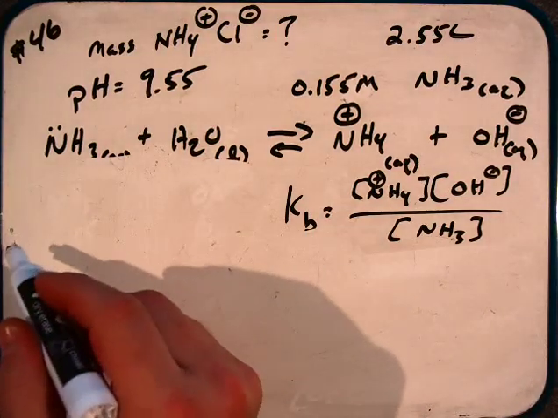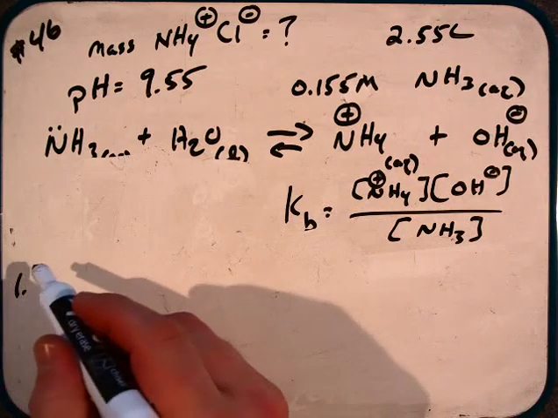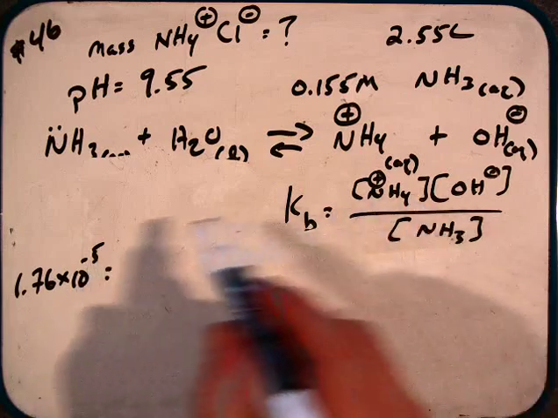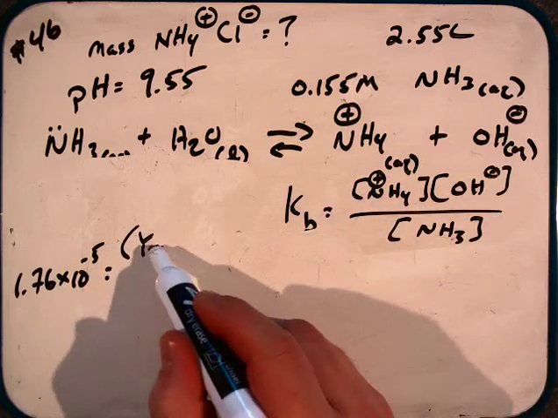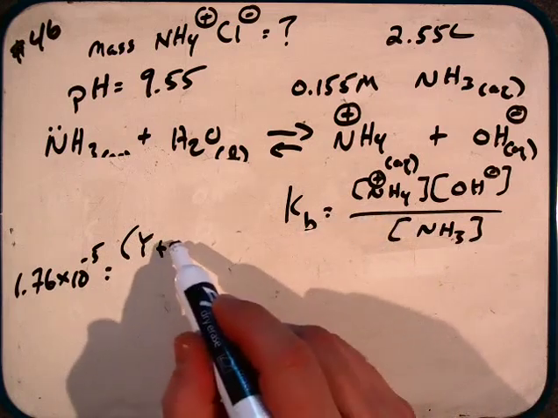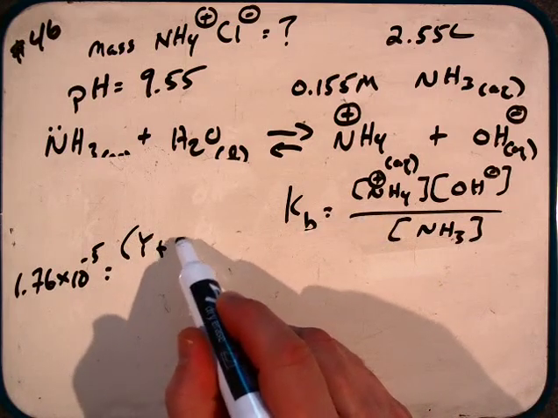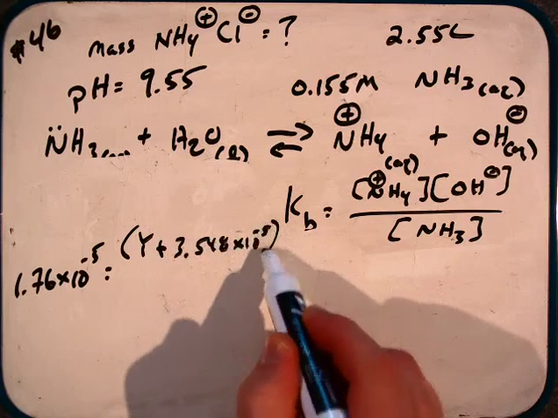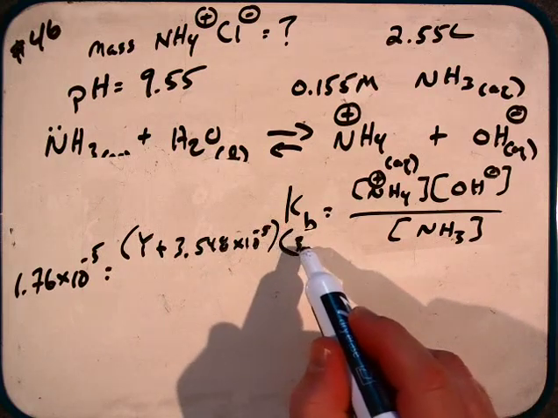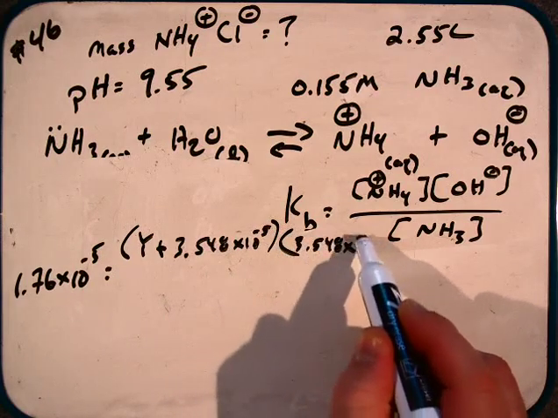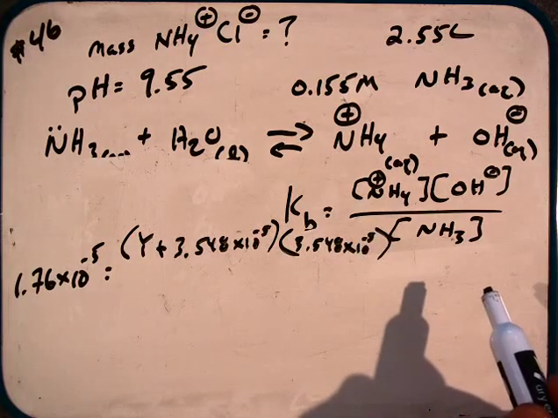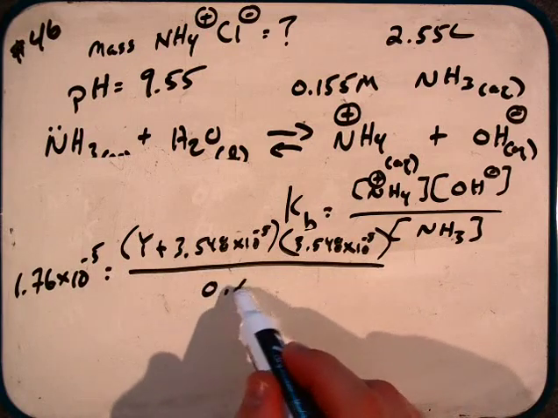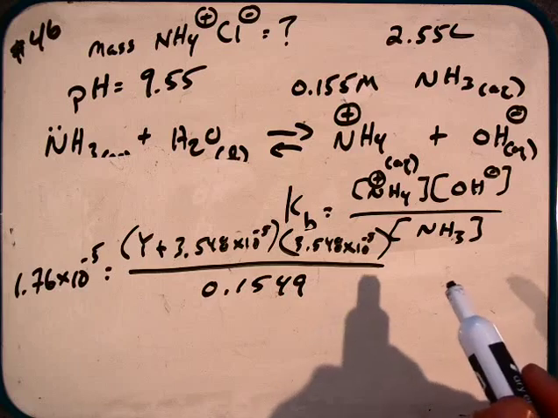Again, just to reiterate, our Kb is 1.76 times 10 to the negative fifth. That's going to be equal to the concentration of our ammonium, which is y plus that change, 3.548 times 10 to the negative fifth, times that 3.548 times 10 to the negative fifth, all over 0.1549.